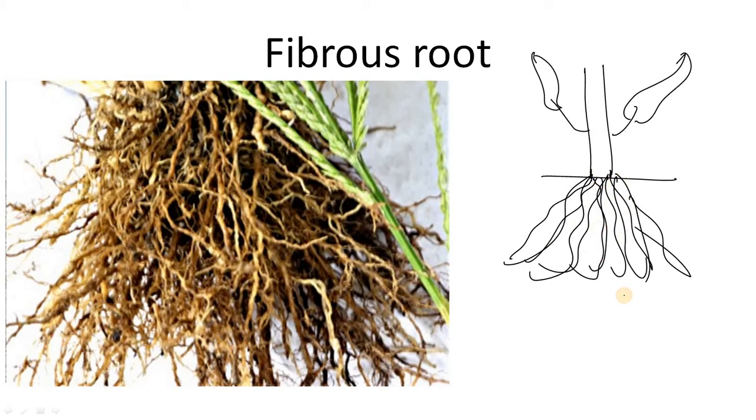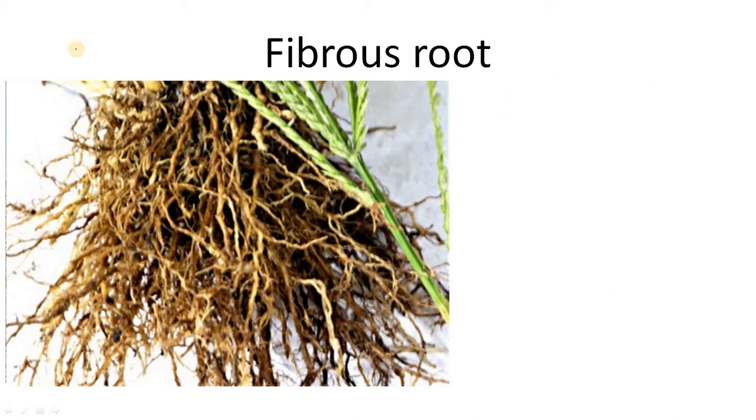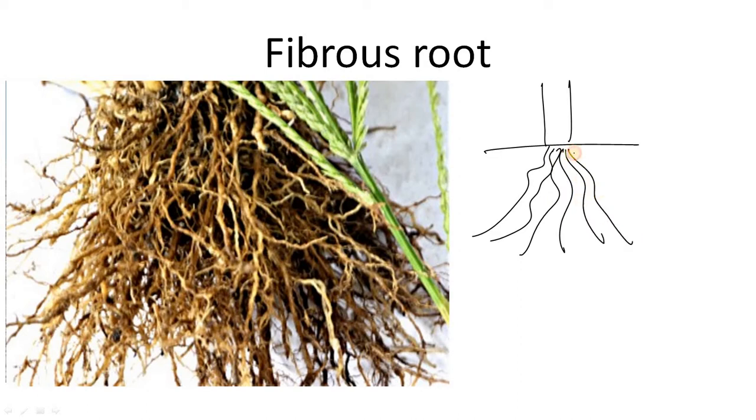When a number of roots grow from the end of the stem, independently, there is no main root here, as in the case of tap root. So in fibrous root, a number of roots grow from the end of the stem. These kinds of roots are called fibrous roots.